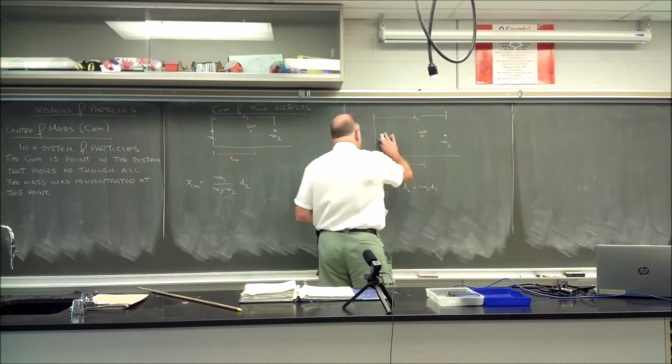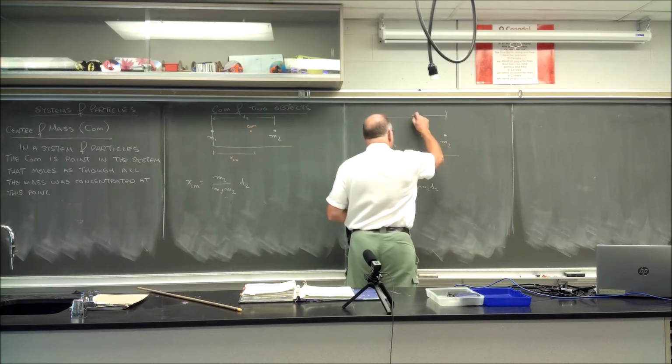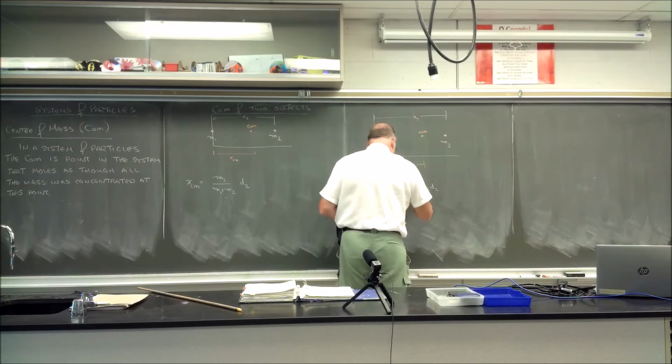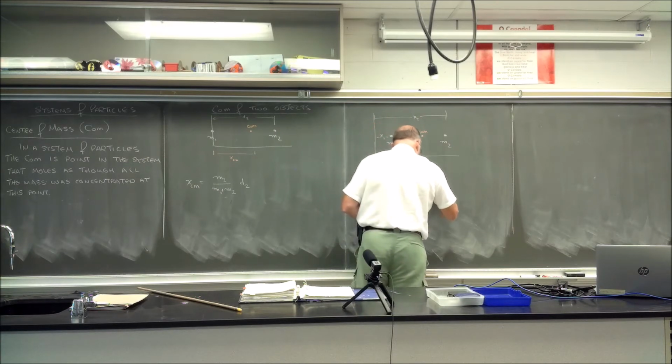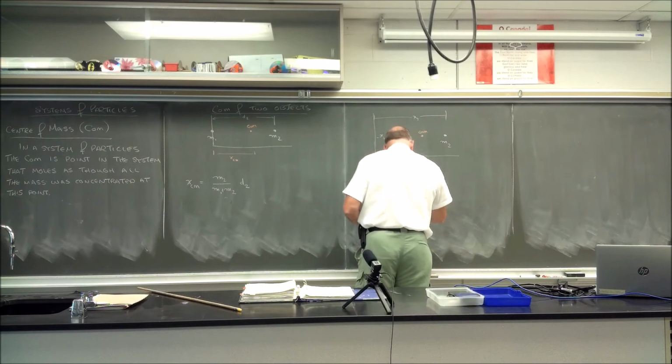I think I'm going to switch to X's here because we're using an X for this one. It probably makes more sense. So let's just do that now. And then over M1 plus M2.